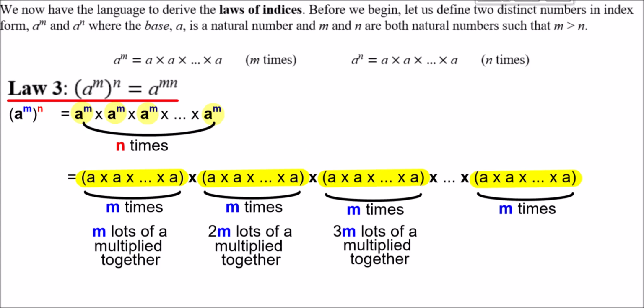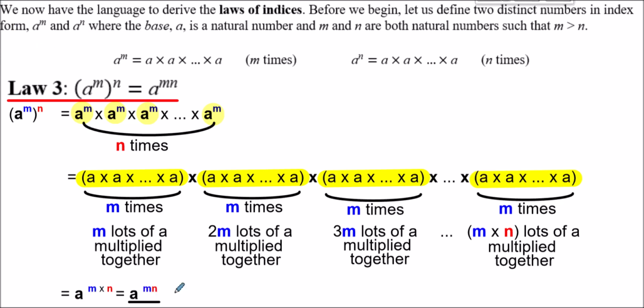By the third lot we'd have 3m, then 4m, then 5m, and so on, until eventually we get to the end of the whole thing, and we'd have m times n lots of a, all multiplied together. N times m is obviously mn lots of a multiplied together. And so that's the same as a to the power of m times n, but because in algebra we don't need the multiplication sign, that's the same as a to the power mn, which is what we wanted to prove. So a to the power m to the power n is the same as this.